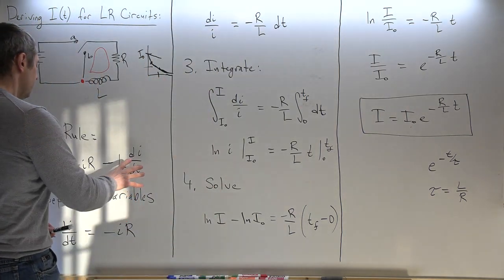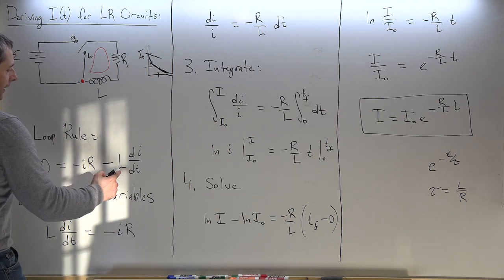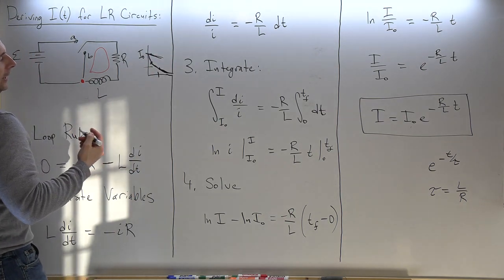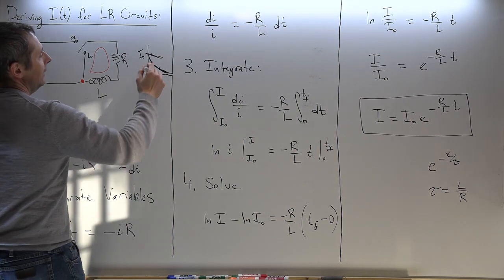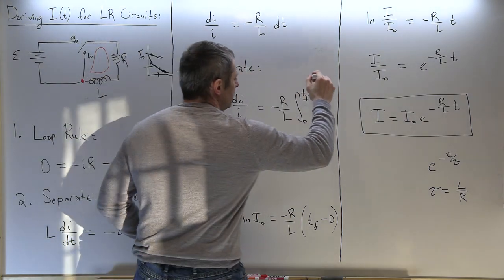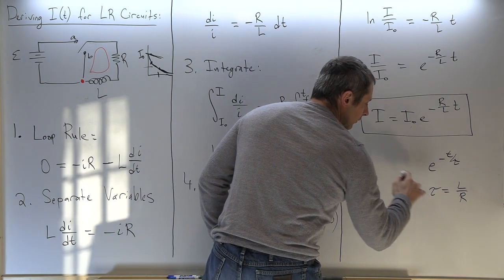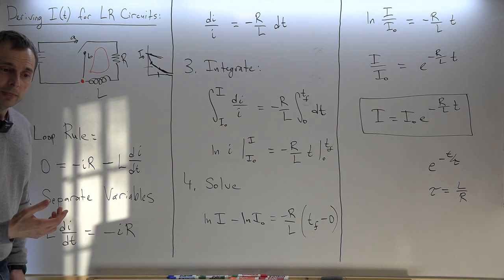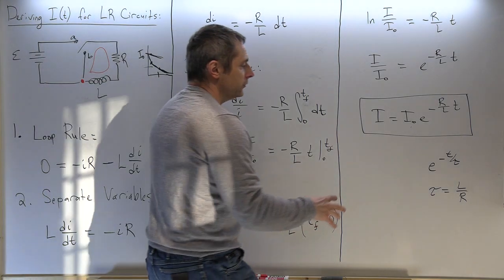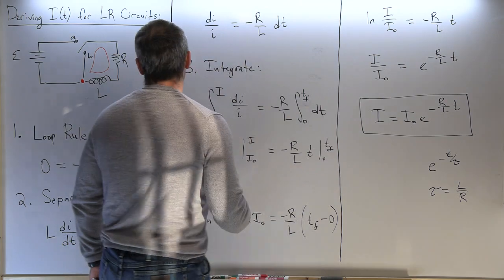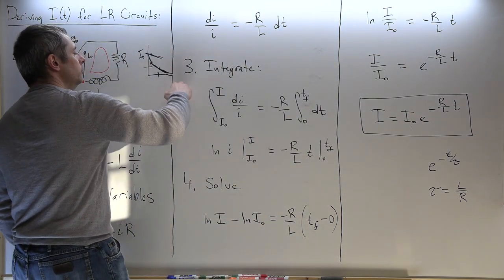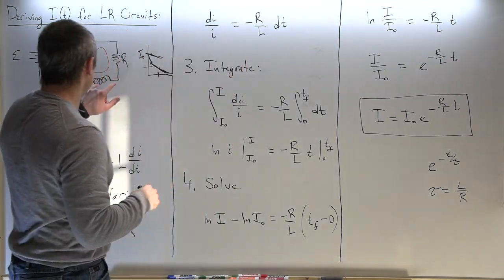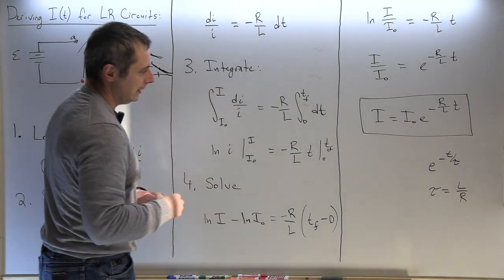Remember I said from reading our differential equation that the bigger L is, the smaller the initial slope is, the smaller negative value. So that means that this will take a lot longer to reach zero if L is bigger or the time constant is bigger. But if R is bigger, then that'll make a smaller time constant, and that'll allow the current to drop more rapidly with a larger resistance involved in the decay circuit.